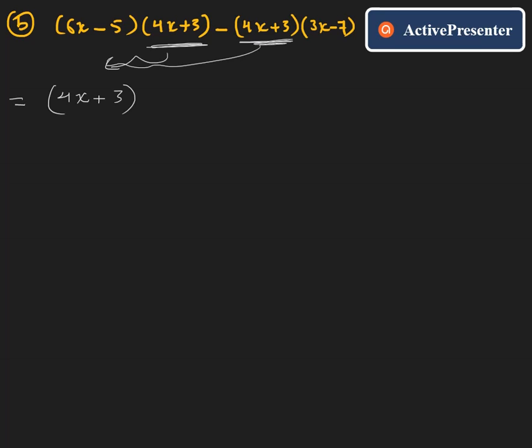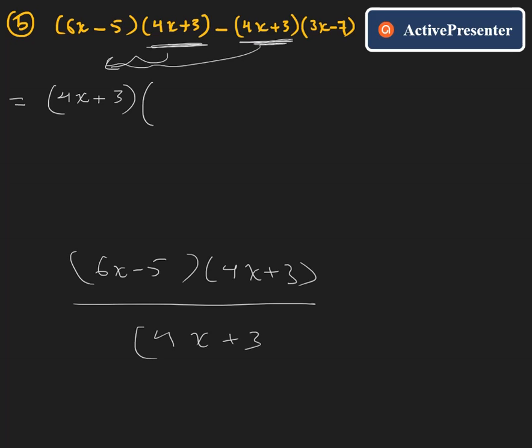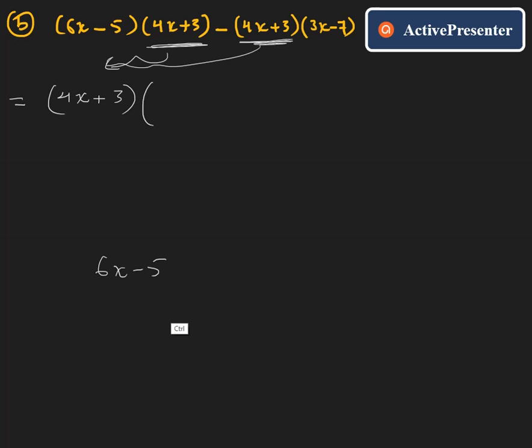Then you divide, open parenthesis. When you divide (6x minus 5) multiplied by (4x plus 3) by 4x plus 3, this will eliminate this one. So we will be left with 6x minus 5.